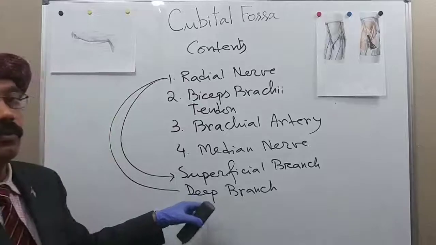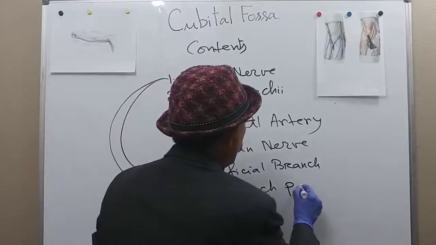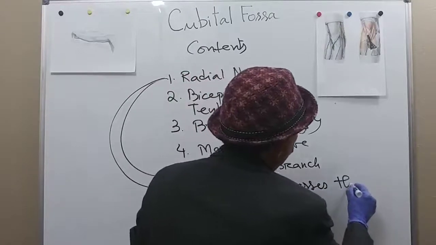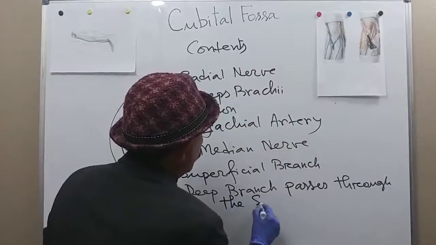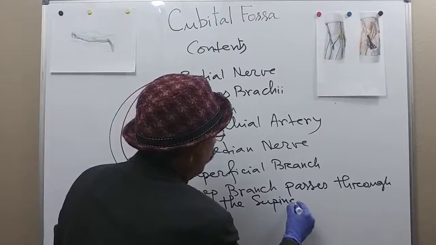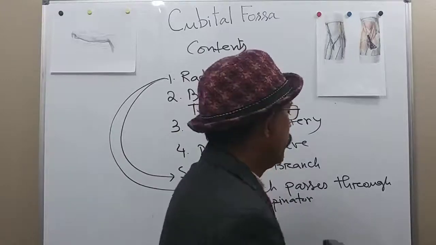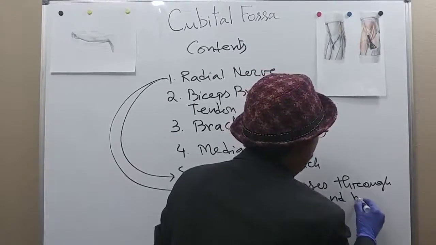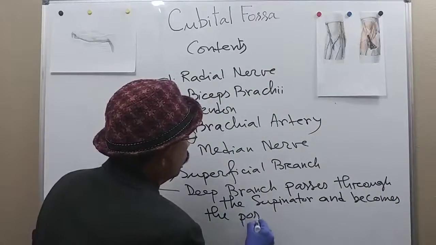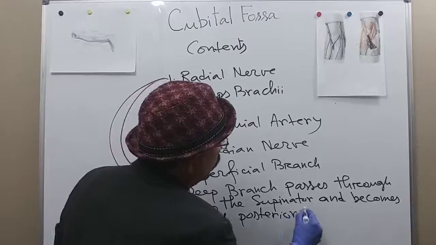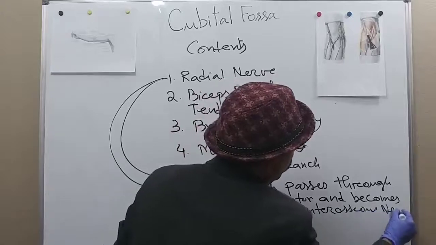Then we have the deep branch. This branch passes through the supinator and becomes the posterior interosseous nerve.